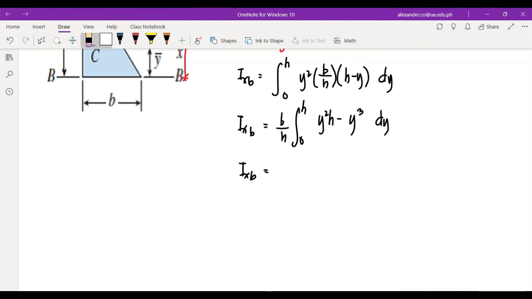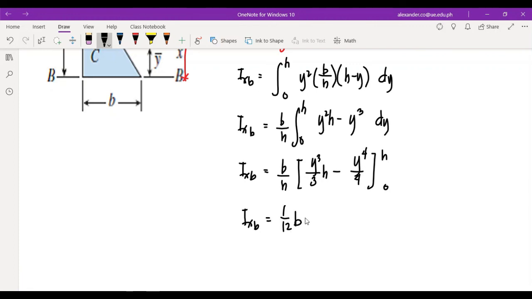Okay? You're following along now. So, b over h will now be y cubed over 3 minus, times h, having an upper and lower limit. It's easy now since the lower limit is 0. Just substitute y with h. And the final answer will be 1 over 12 b h cubed.